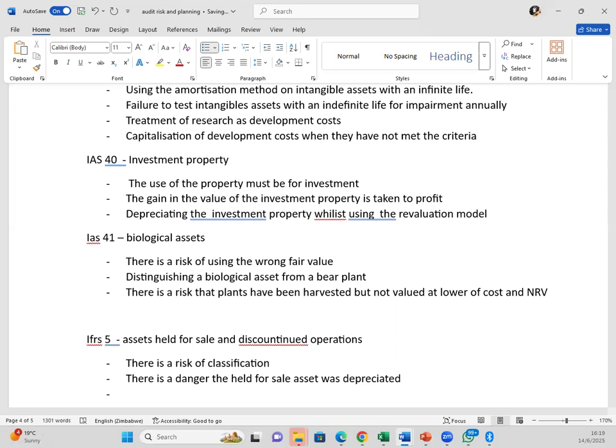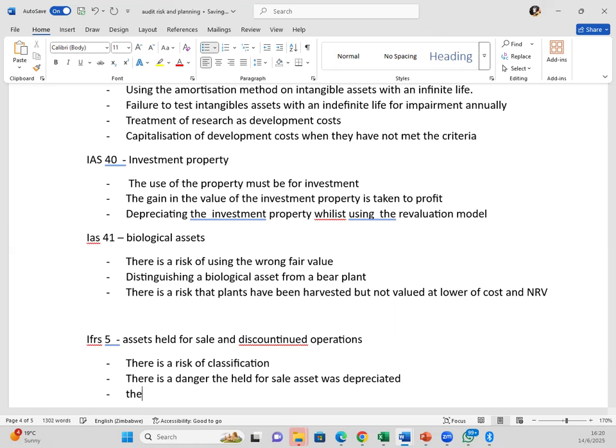That is the problem that can arise as well. Then, regarding the discontinued operations, remember the profit from discontinued operations must be shown separately.